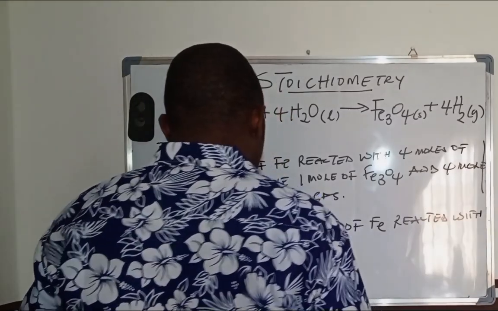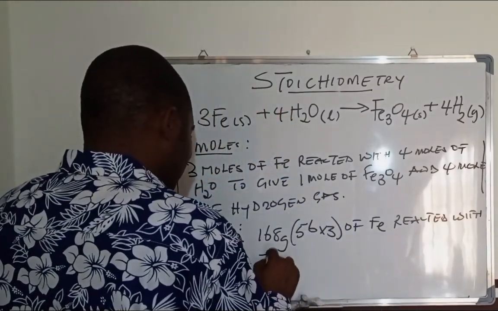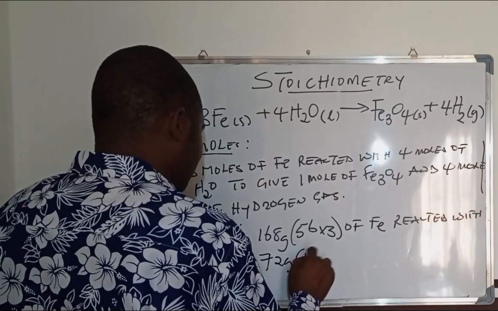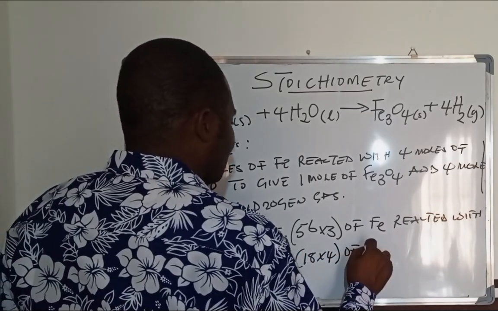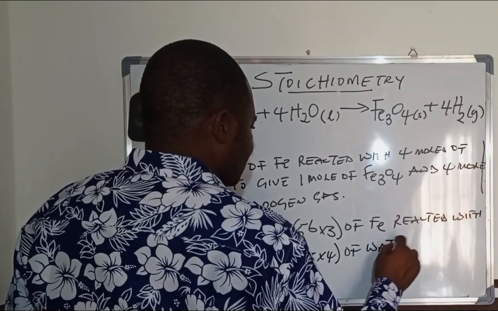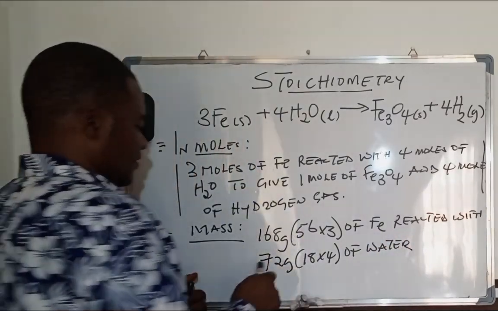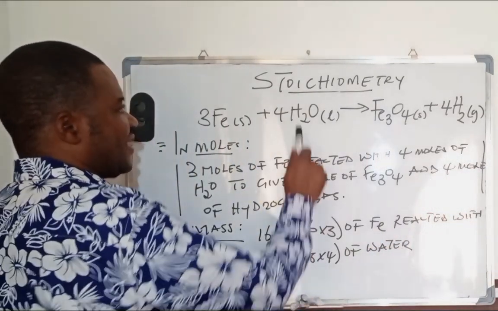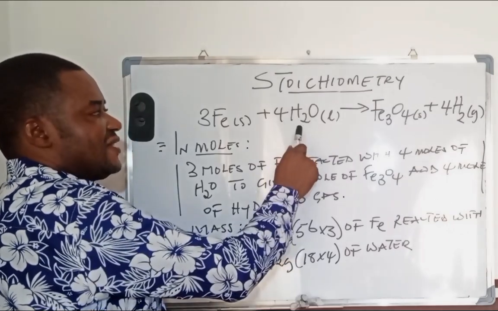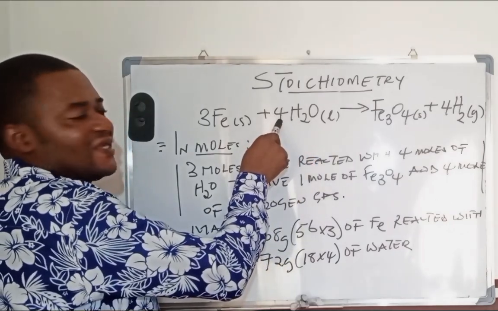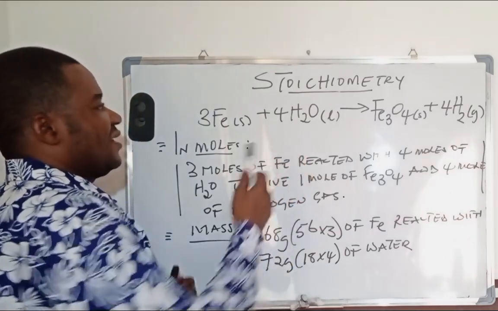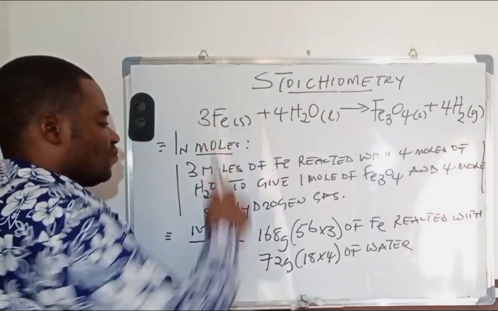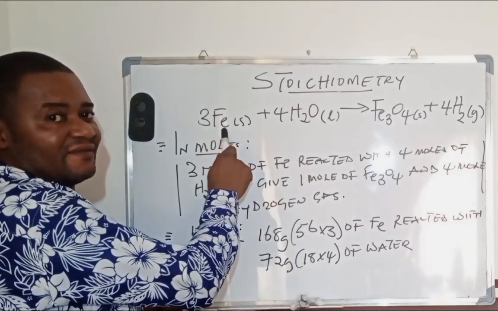So the iron reacted with, let's say, 72 grams, which is 18 times 4, of water. Of course, the molecular mass of water is 18, times 4. It gives you the mass of water that was used to react with 168 grams of iron.